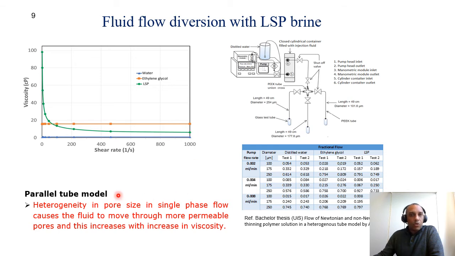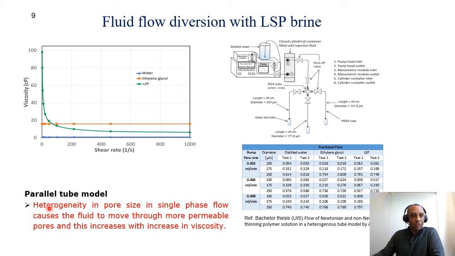Then we decided to do a flow diversion test, and we set up a parallel tube model. You can see it here. We used a main line, and then different diameters for three different tubes. We flowed water, ethylene glycol, and low salinity polymer through it.